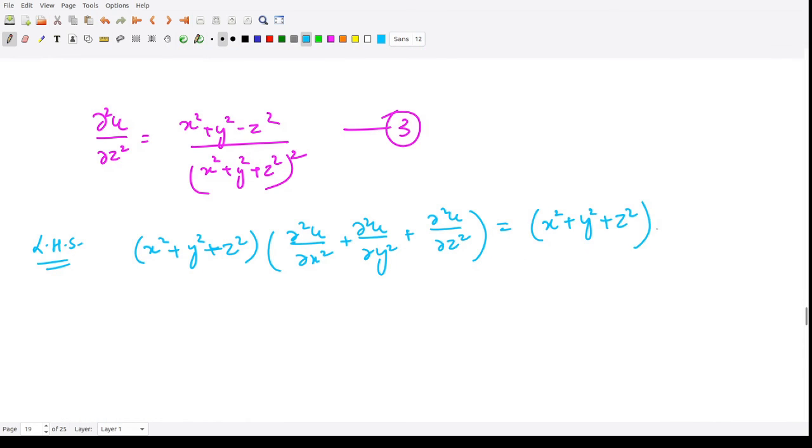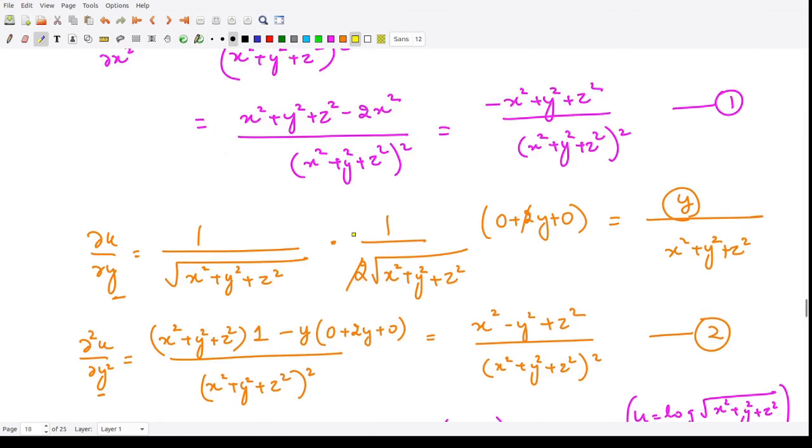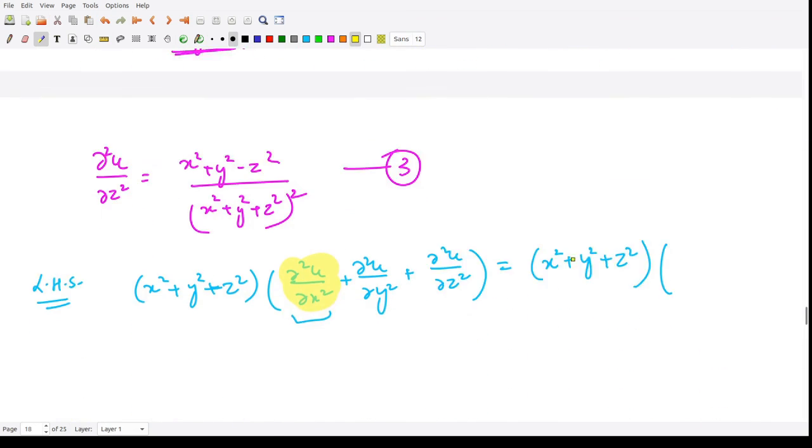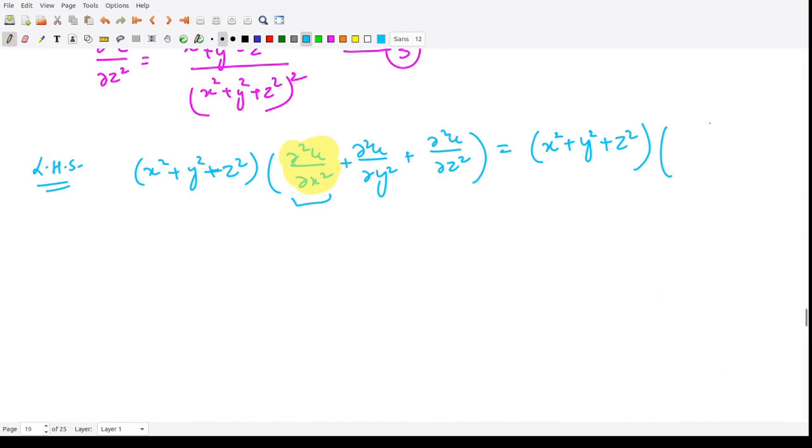So the first term would be the value of ∂²u/∂x², its value that is equal to this quantity over here. So that is minus (x² + y² + z²) divided by (x² + y² + z²) whole squared, and then we have the second derivative of u with respect to y.